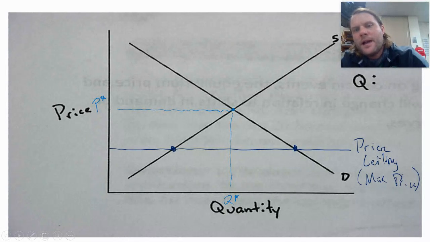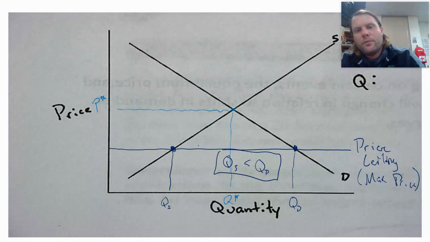All righty. Now, anytime we lower the price for something, our quantity demanded is going to increase. So that's going to give us a quantity demanded, and it's also going to give us a quantity supplied, obviously. In this particular case, our quantity demanded is bigger than our quantity supplied, right? And if you remember what we talked about from previous notes, that's going to create a shortage of goods.